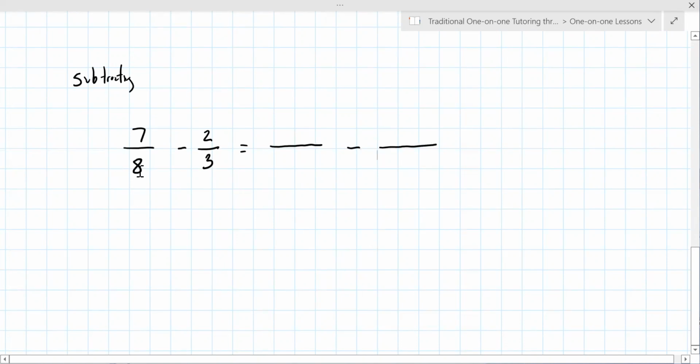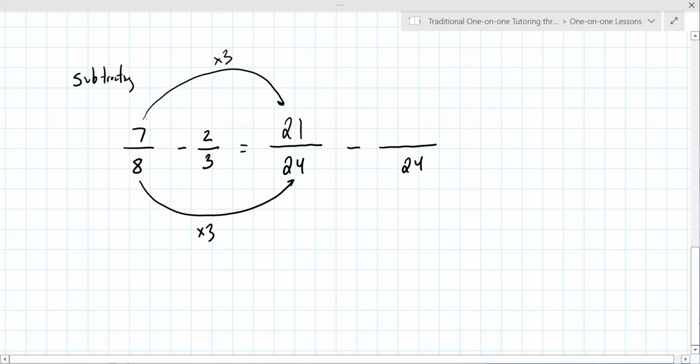The like denominator here is 8 times 3 or 3 times 8, 24. I'm trying to pick numbers that might be familiar now that we've done a couple of examples. 8 to get to 24 is times 3, which means you're going to multiply the 7 also by 3. That's 21.